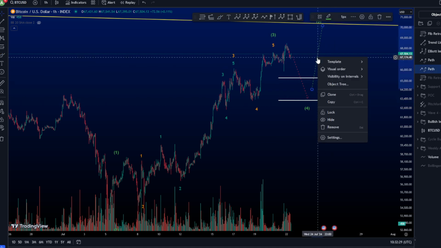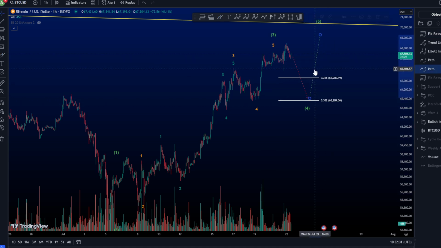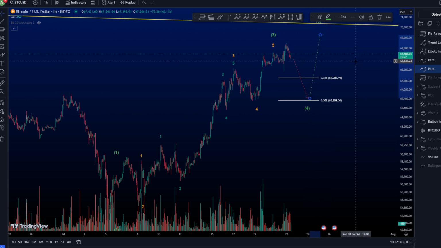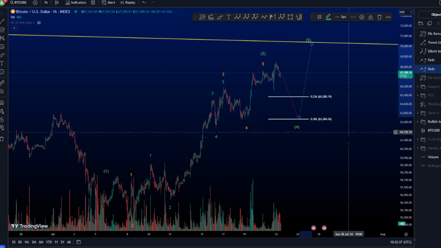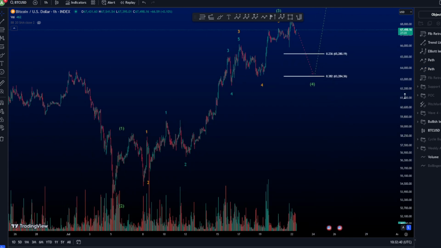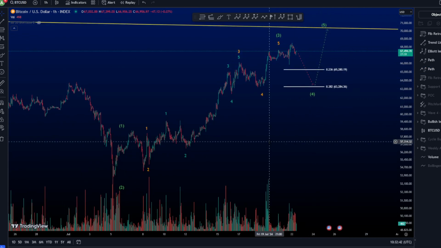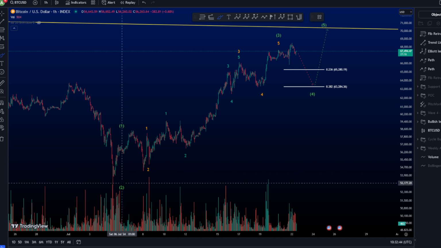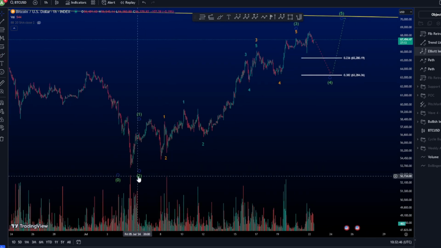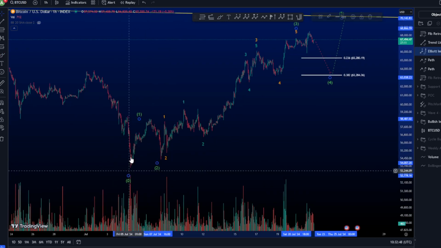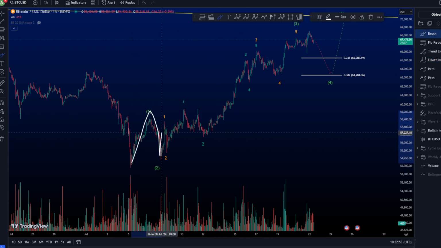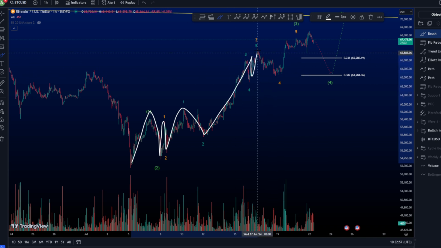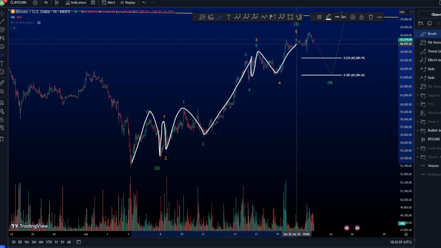Preferably for a healthier bullish trend, this one. And this is the expectation of wave 5 as price and length. However, I'm expecting even to touch this trend line. So this is my expectation. As you can see, we have 3 impulses inside this main green impulse. So we have 1, 2, 1, 2, 1, 2, 3, 4, 3, 4, 5.